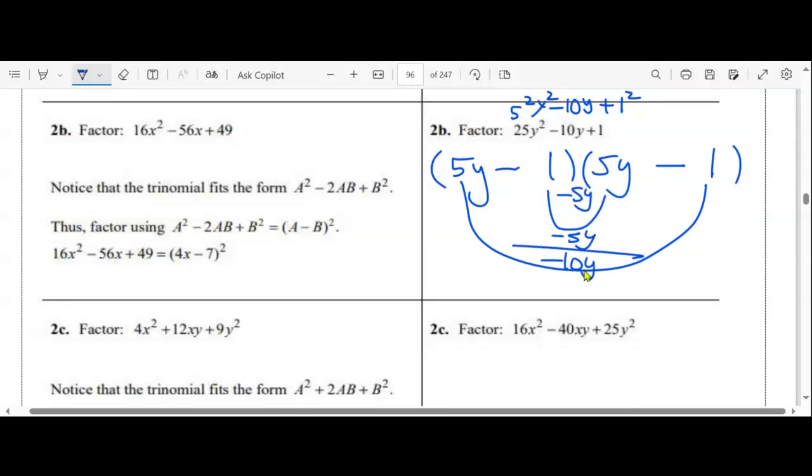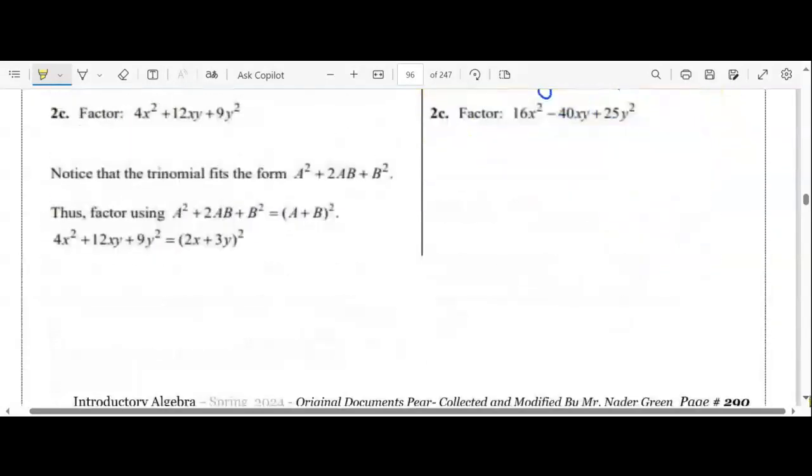Total is what? Negative 10y. Correct? Yes. Do you have the same blah, blah, blah? So blah, blah, blah, what? Square. Clear? Next one.